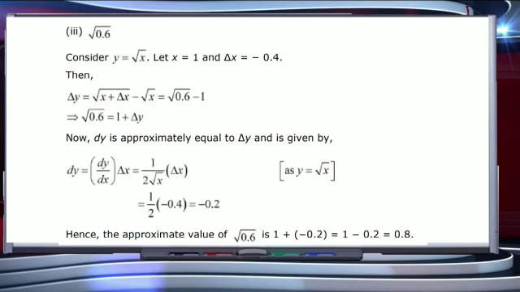We will substitute the values of root x and delta x. After simplification we get minus 0.2. So that means under root of 0.6 is equal to 1 plus minus 0.2, which comes out to be 0.8. So under root of 0.6 is approximately 0.8.